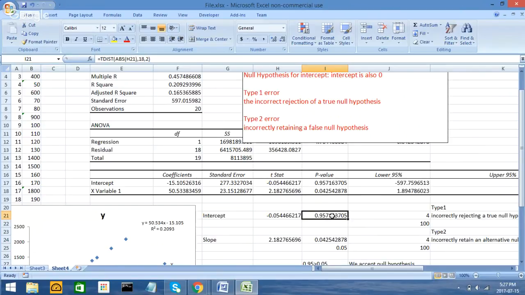We are going to change this probability into a number. Suppose that we have 100 instances, and 95 times out of 100 we correctly accept the null hypothesis for the intercept.